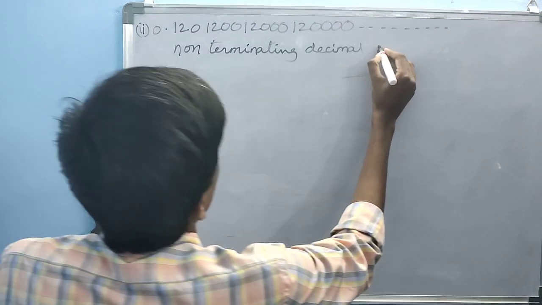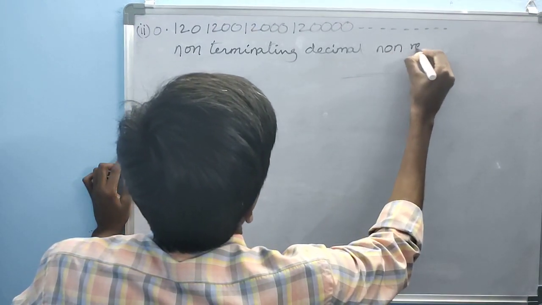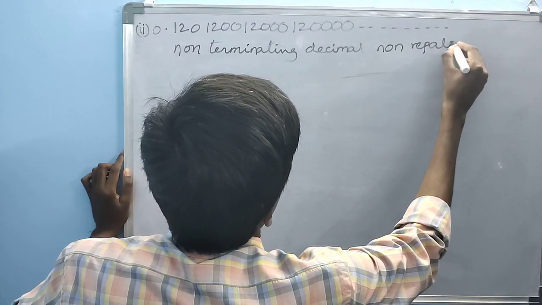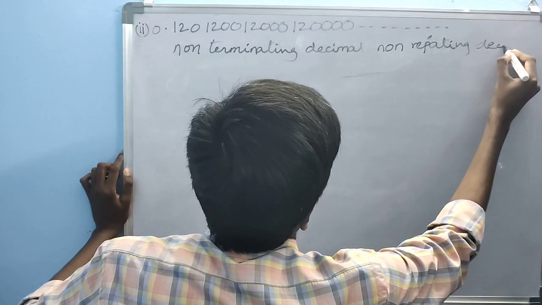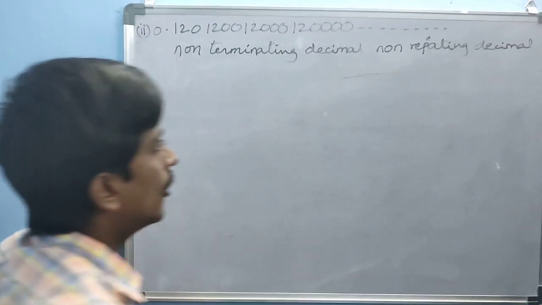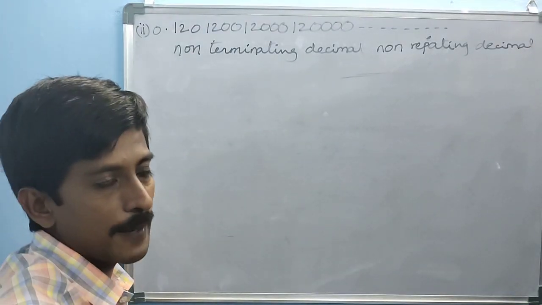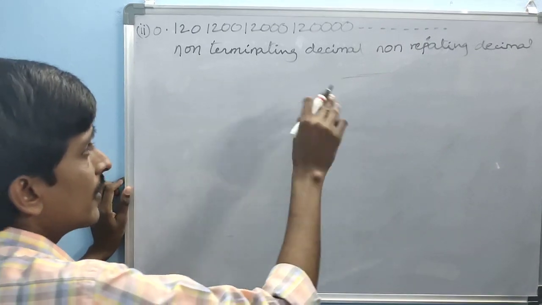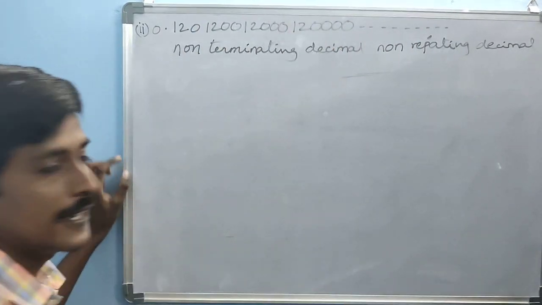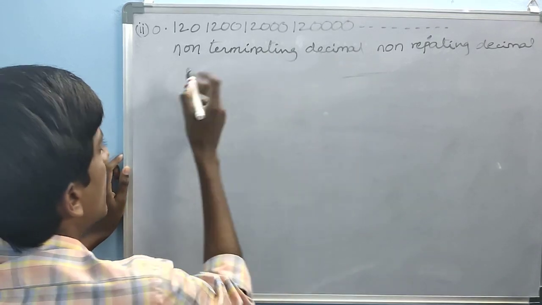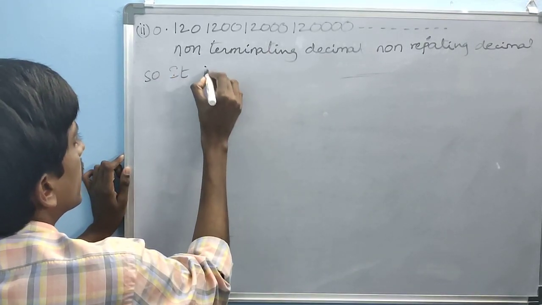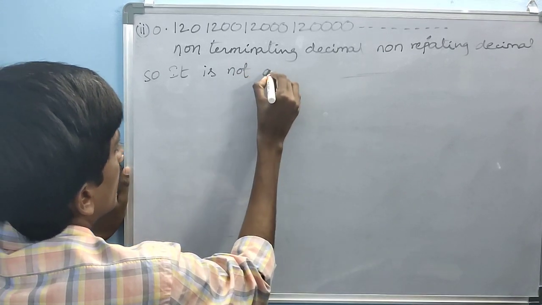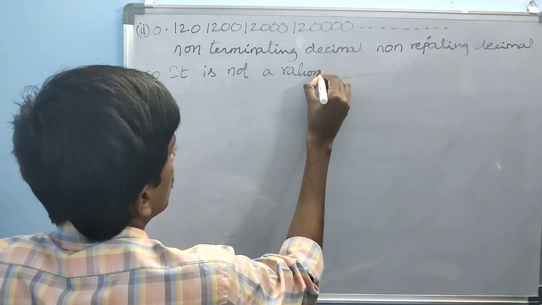So it is non-repeating. A non-terminating, non-repeating number cannot be written in the form of P by Q. So it is not a rational number.